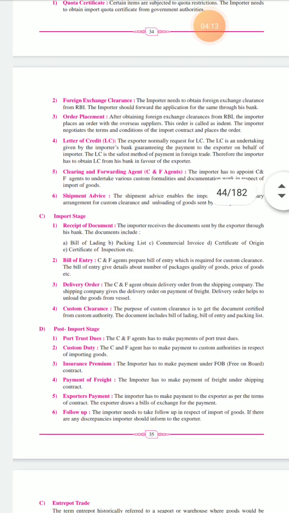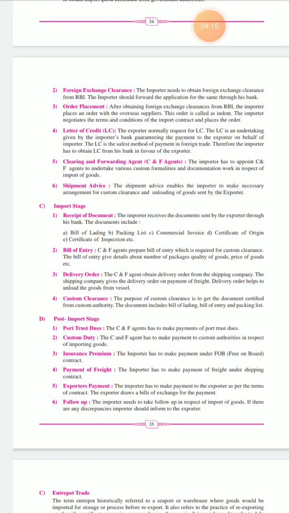After that the last stage is the post import stage. In the post import stage we have port trust dues. Whatever dues of the port are there, that we have to clear. Then afterwards we have to pay customs duty, then insurance premium. Before importing the goods from one country to another, we have to take insurance, so that insurance premium should be cleared.